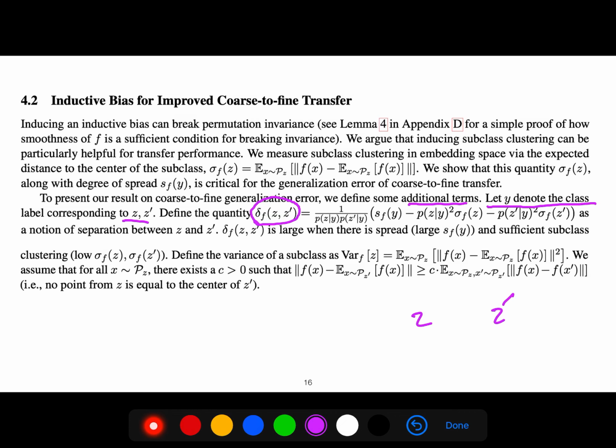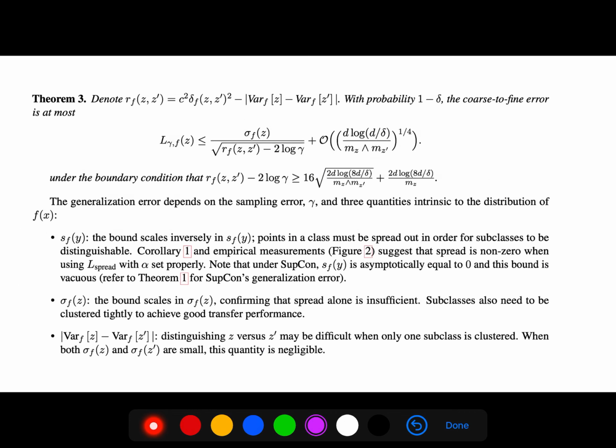And then delta is large when there is a spread. So with probability 1 minus delta, the coarse to fine error is upper bounded by this amount.